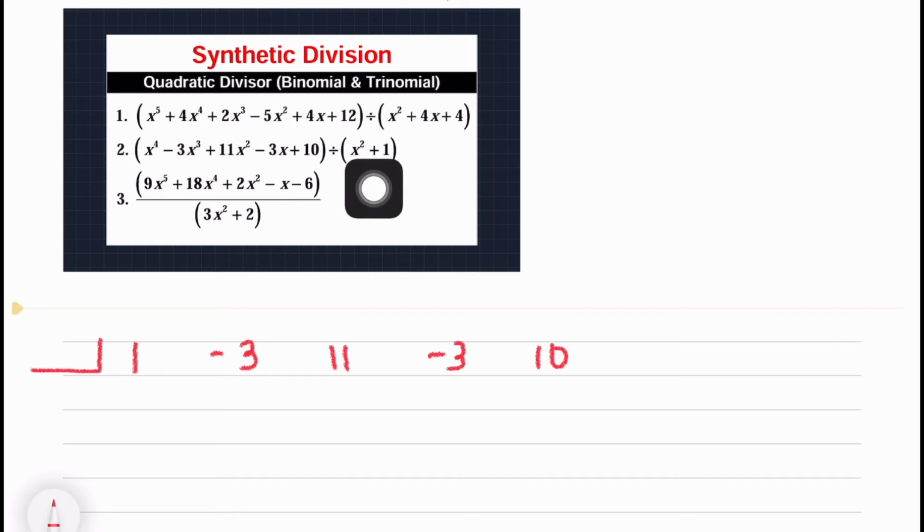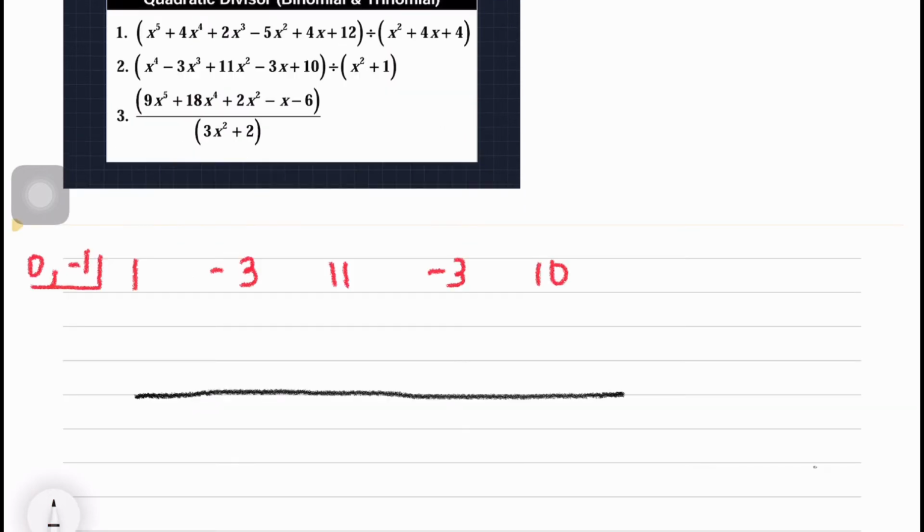Since there is no visible middle term, the first number to be used is 0. And the opposite sign of our constant term 1 is negative 1. So the two values na gagamitin natin ay 0 and negative 1.